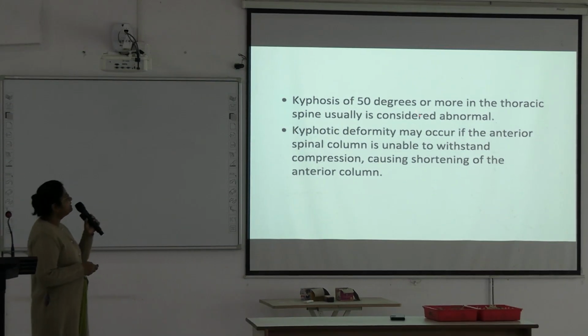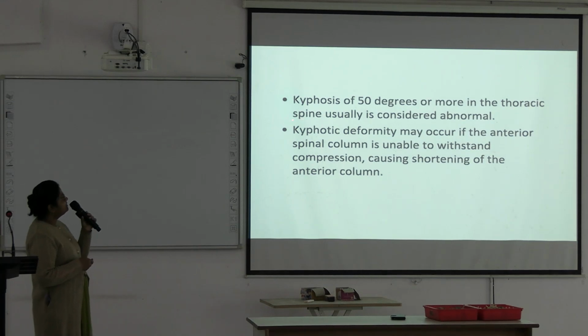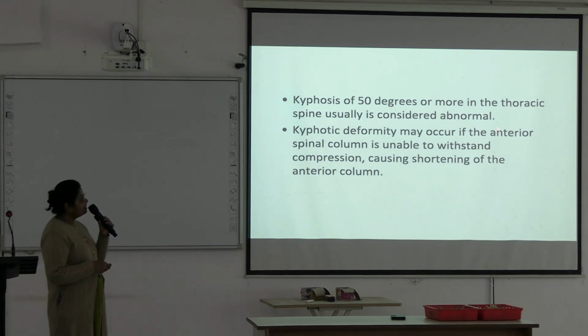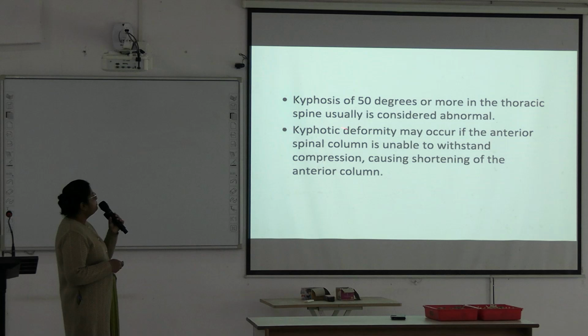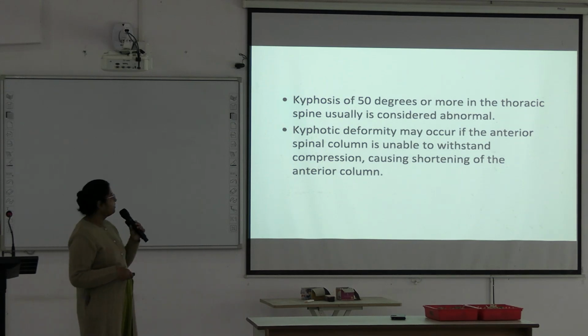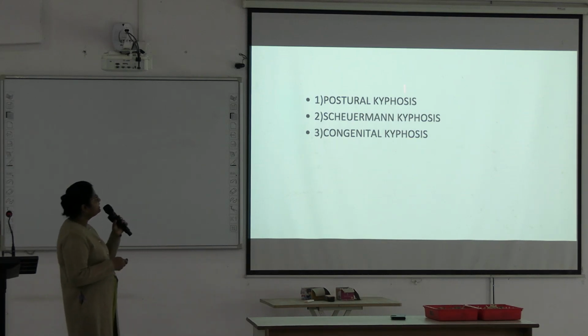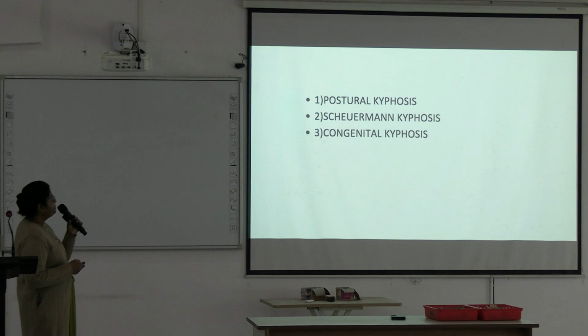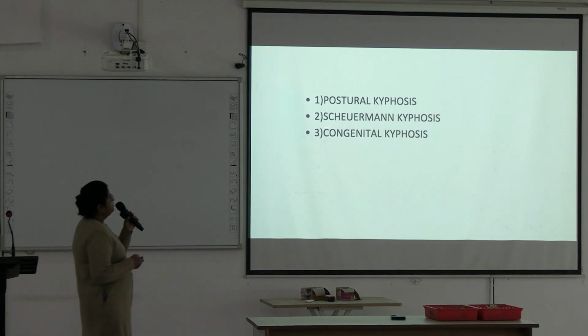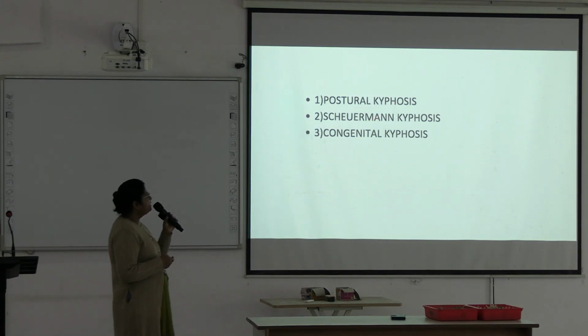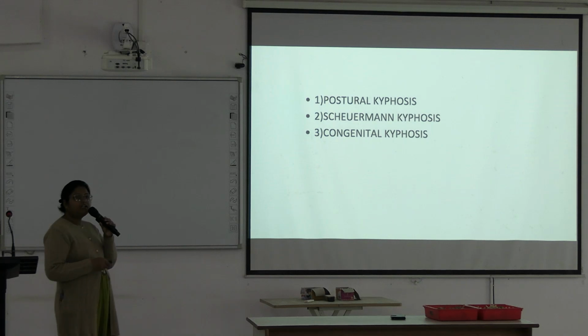Next, kyphosis of 50 degrees or more in the thoracic spine usually is considered abnormal, and kyphotic deformity may occur if the anterior spinal column is unable to withstand the compression, causing shortening of the anterior column. Next, these are the three types of kyphosis: postural kyphosis, Scheuermann kyphosis, and congenital kyphosis.